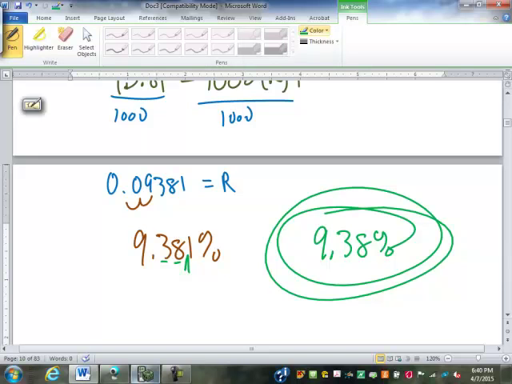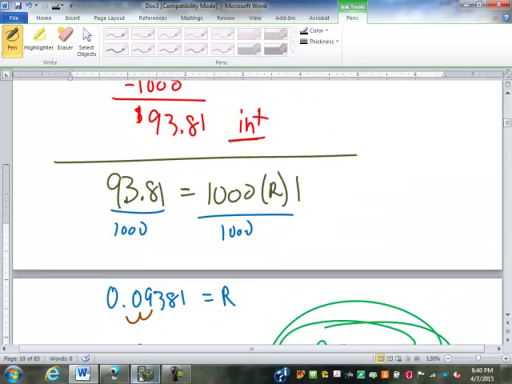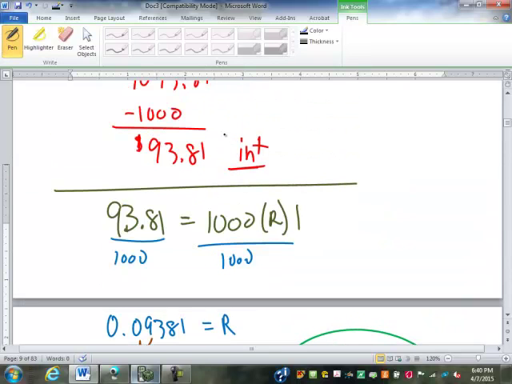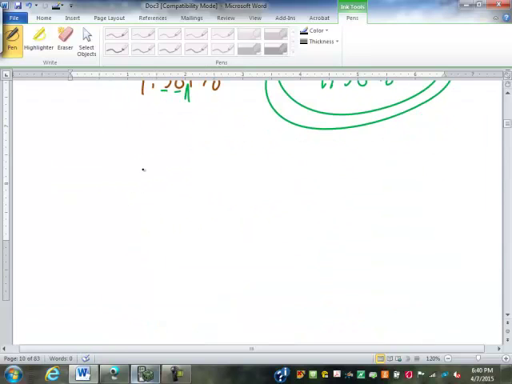What do you think? You used 2,500 for yours? Oh, because then you'd have to make sure you put 2,500 in here instead of 1,000. What did you have for your interest? No, for your dollar amount of interest. Something was off there. I'll run the numbers for you. So let's find our future value.